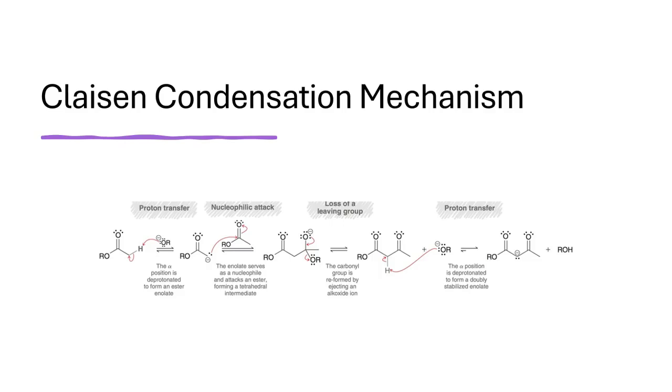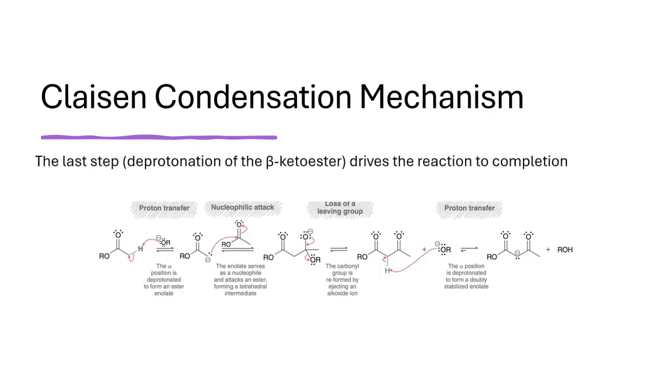The carbonyl group is reformed by ejecting an alkoxide ion. And lastly, the proton transfer. The alpha position is deprotonated to form a doubly stabilized enolate. This last step, the deprotonation of this beta-keto ester, is what drives the reaction to completion. Acidic workup is necessary to obtain the neutral product.